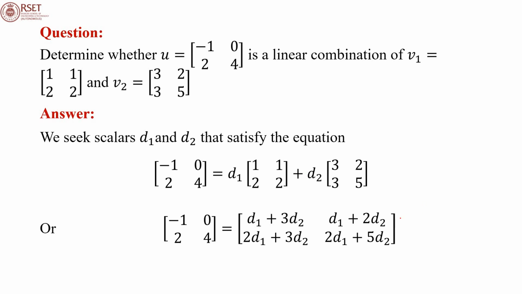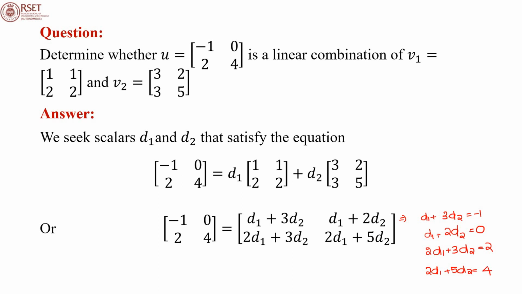This implies that d1 plus 3d2 is equal to -1, d1 plus 2d2 is equal to 0, 2d1 plus 3d2 is equal to 2, and 2d1 plus 5d2 is equal to 4.